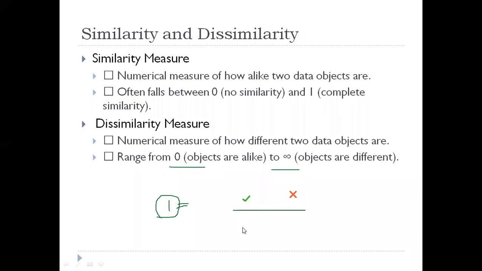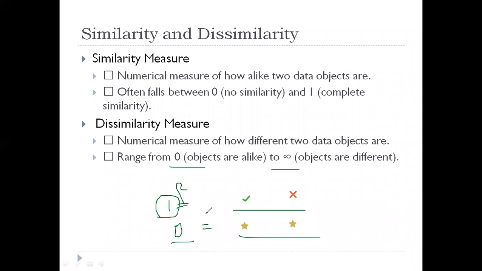In dissimilarity, if the objects have similar features, then we represent it by using 0. If the objects are more dissimilar, then we represent it by using 1, 2, 3 up to infinity.